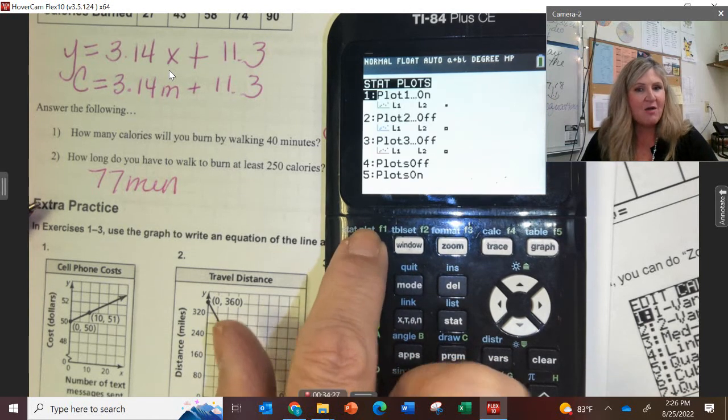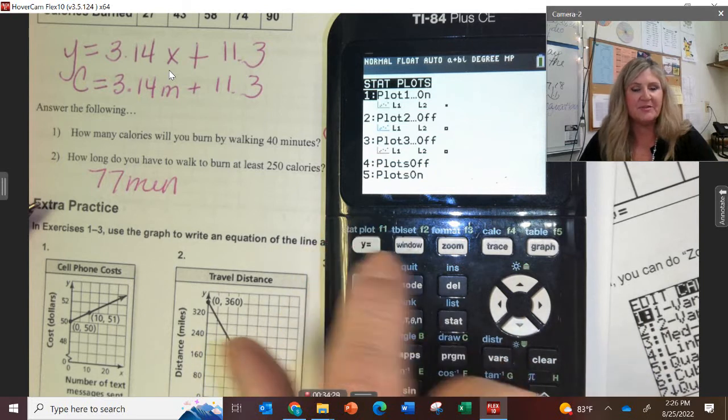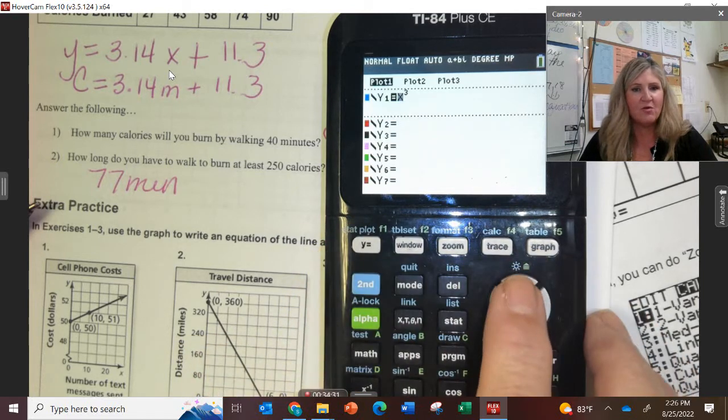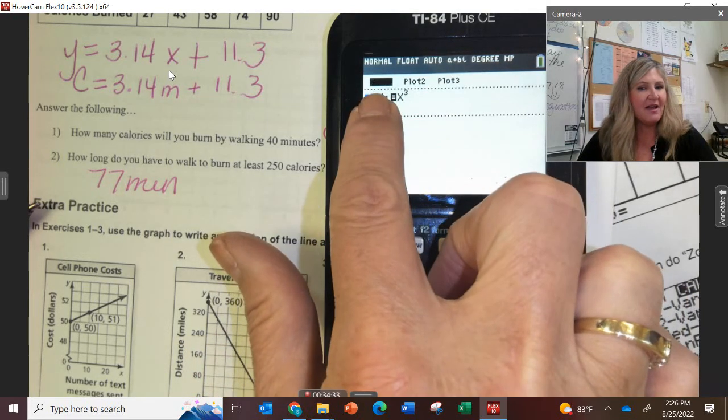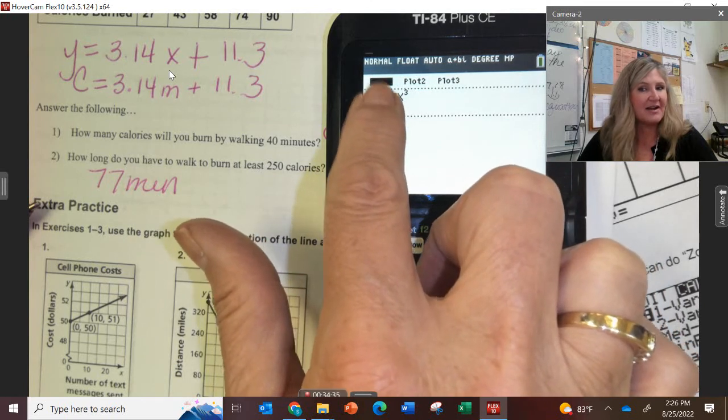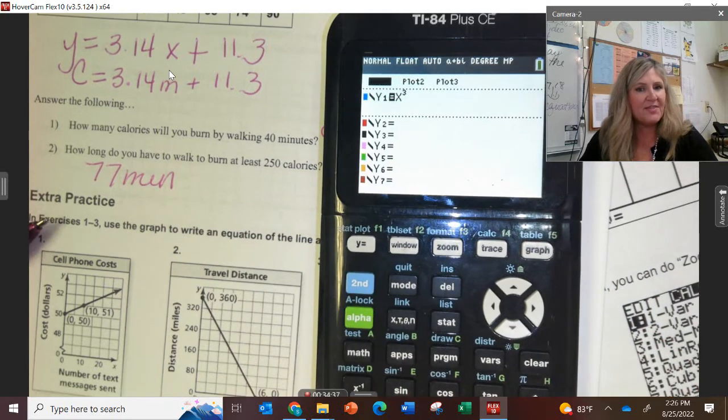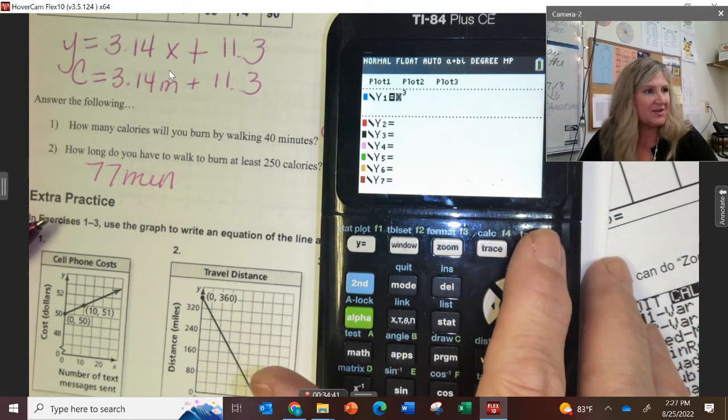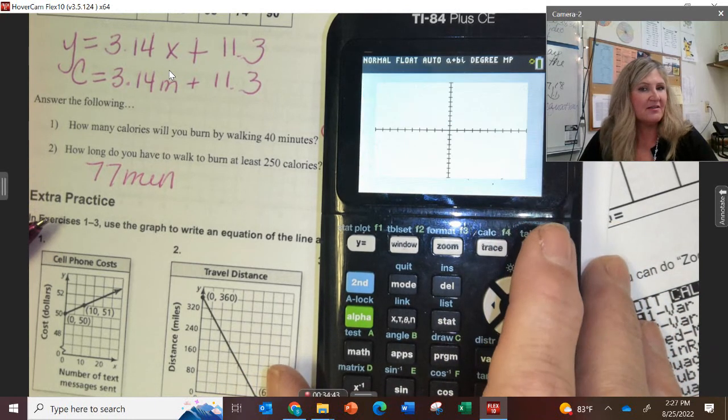But if I did not want to see them, let me show you a shortcut way actually. Go to y equals. See how that's highlighted? That means it's going to be plotting those points. If I don't want those to be plotting, I just make it so it's not highlighted. Now there will not ever be any points there. Okay?